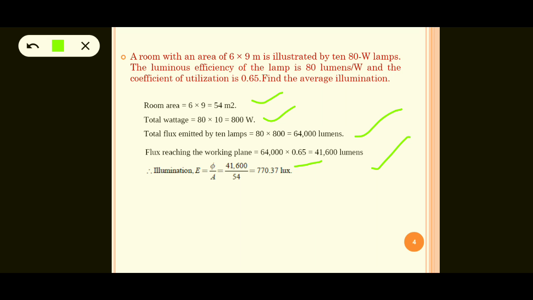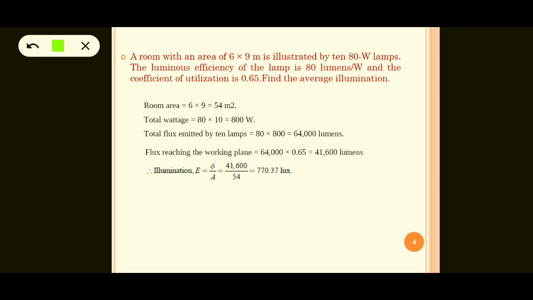Now illumination is equal to flux per area. So the flux is 41,600 by area 54 meter square. Now the total illumination becomes 770.37 lux.